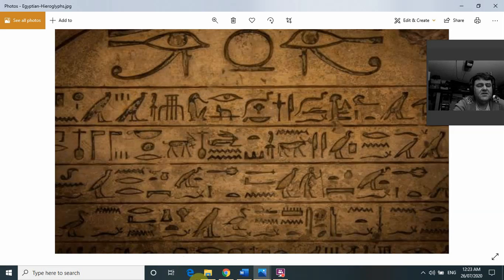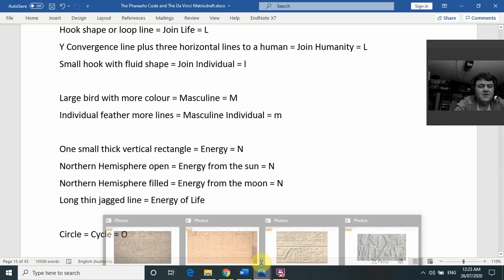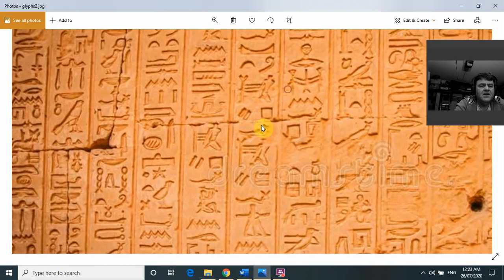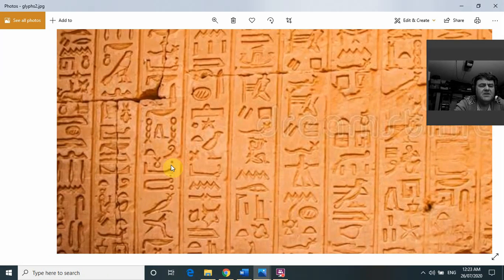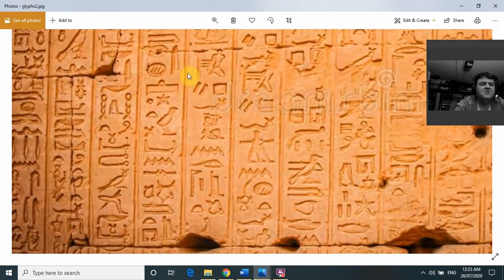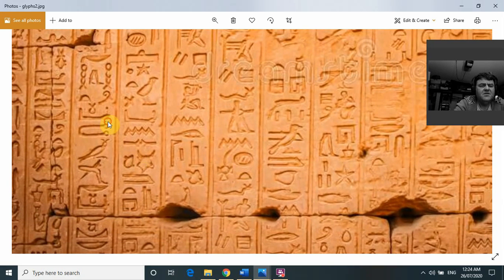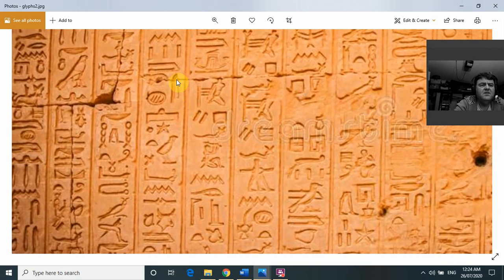Now, that's fairly straightforward. I mean, we could look at many pictures and many examples of the feathers. They're stylized everywhere. Here's another one. So basically, that means masculine individual, and that's where it comes from. So at this point in time, I'm set on that if it has an infill of lines inside it, it will be referencing the male energy, and if it's just a plain feather unfilled, it'll be the female energy.